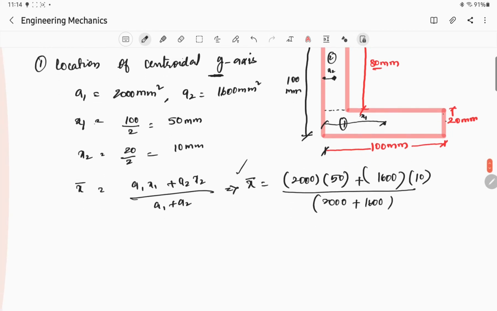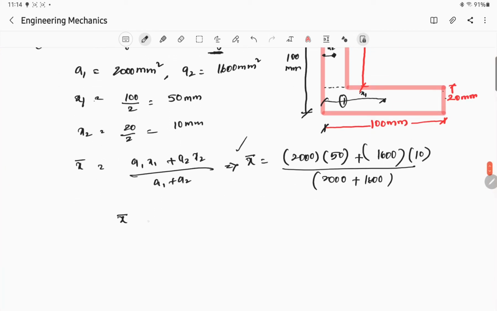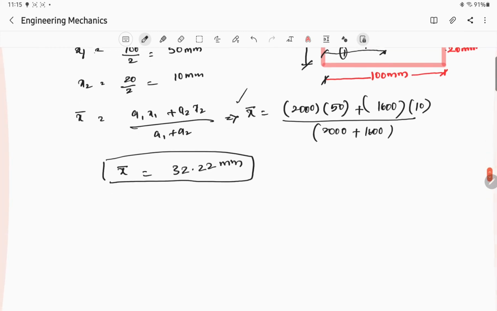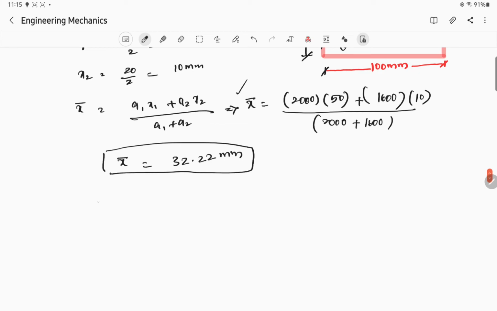Once you solve this one, you will get the value of x bar as 32.22 mm, the same as y bar. Now we will calculate the moment of inertia about its y-axis.